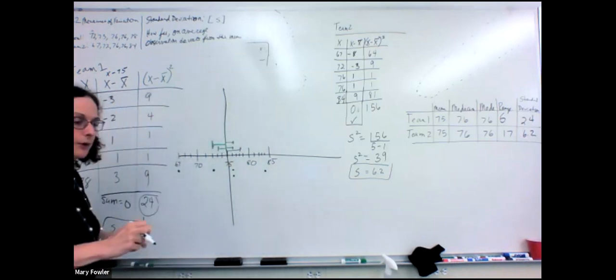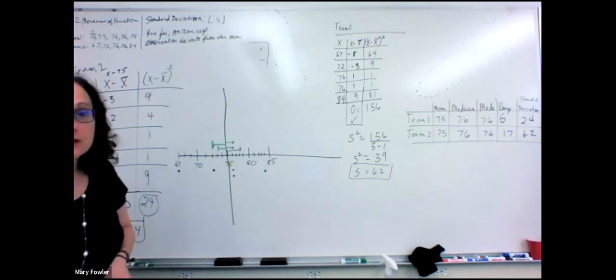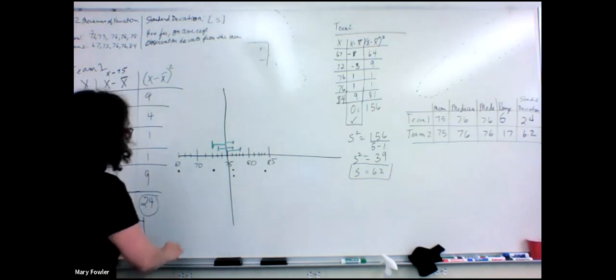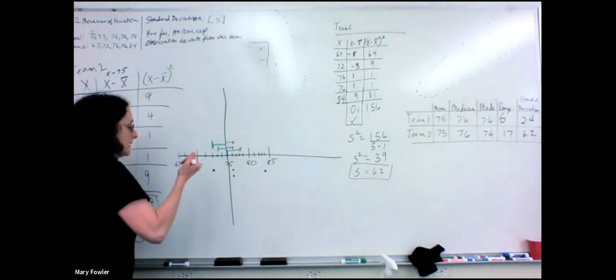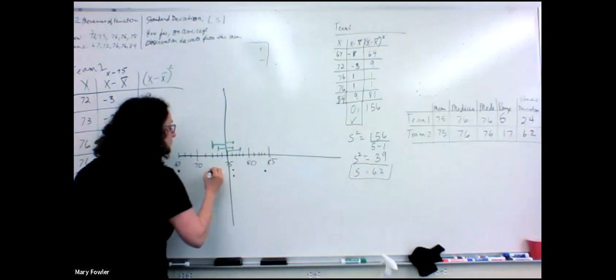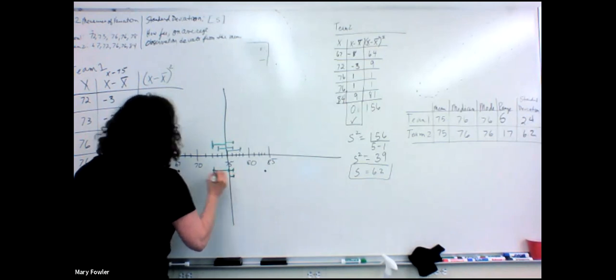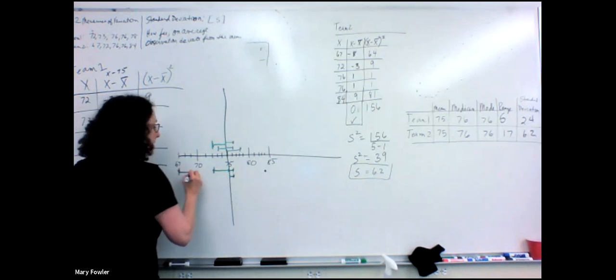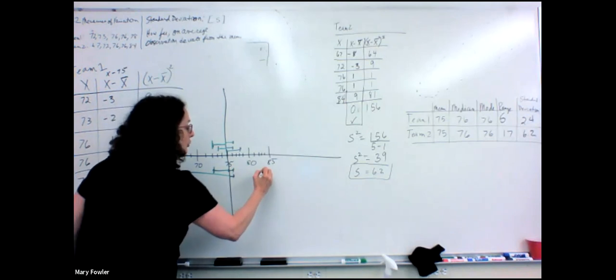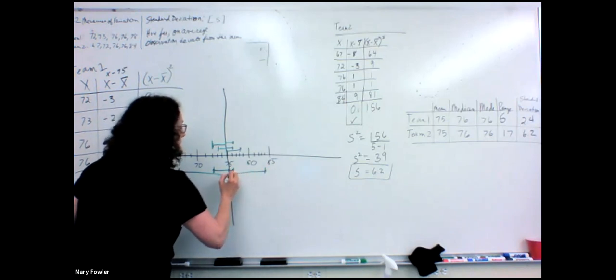Okay, so we're going to look at how far each of those observations are from the mean, and the total amount of green gives you an idea of how much variability there is in the data. So each of these dot plots has associated with it a green bar.